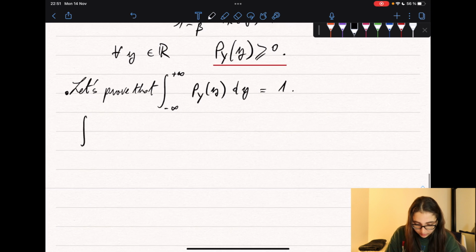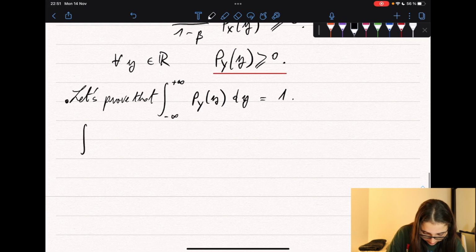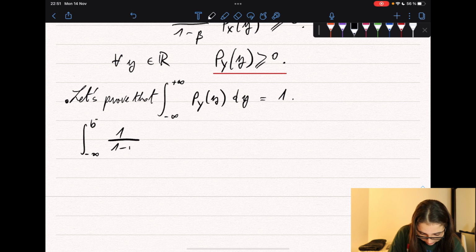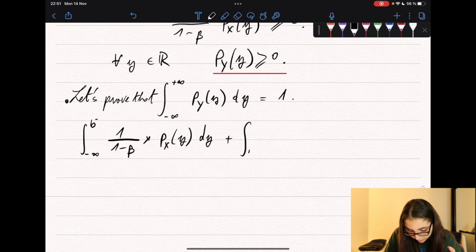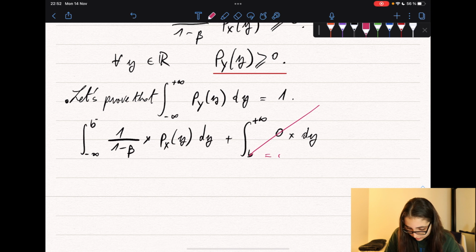So we're going to go from minus infinity to b, and this is going to be the first part of the integral, 1 over 1 minus beta times px of y dy, plus the integral from b to plus infinity of 0 times dy, and this is equal to 0.